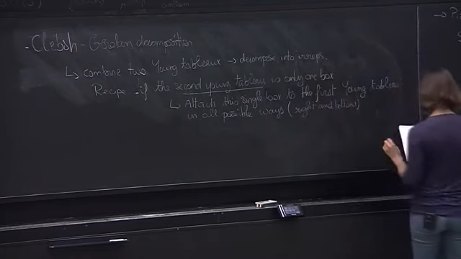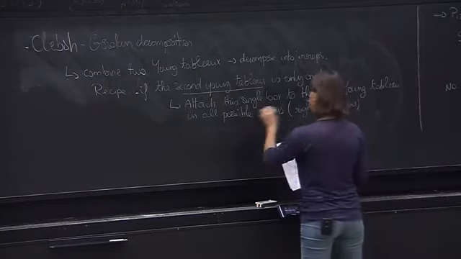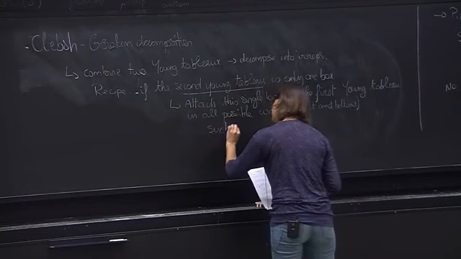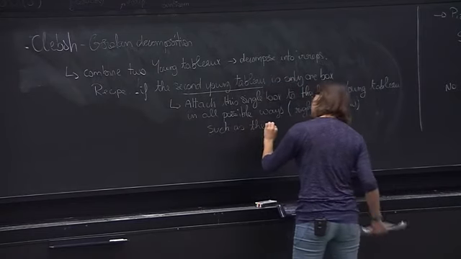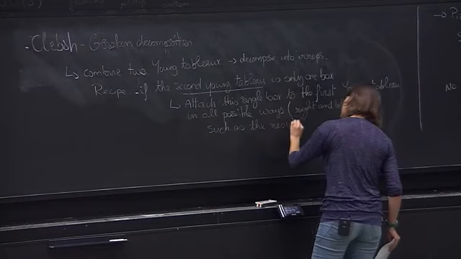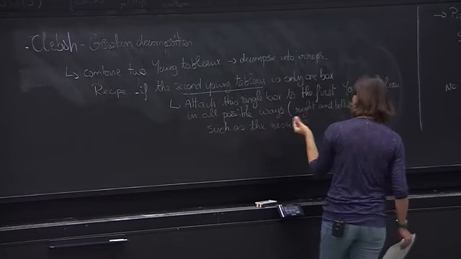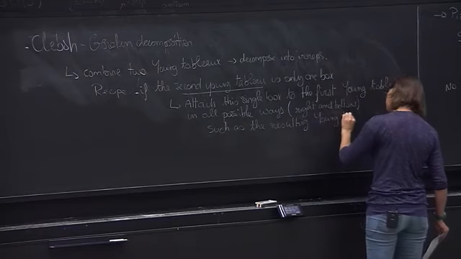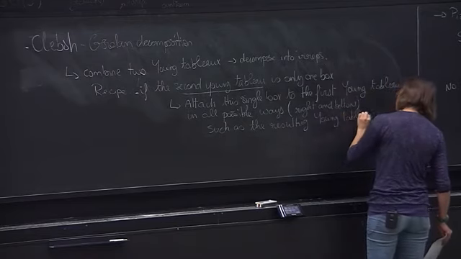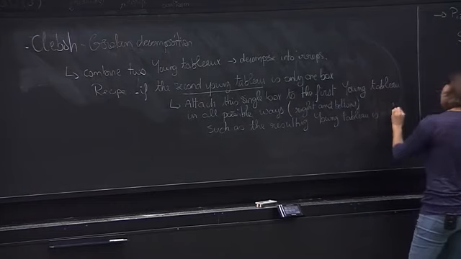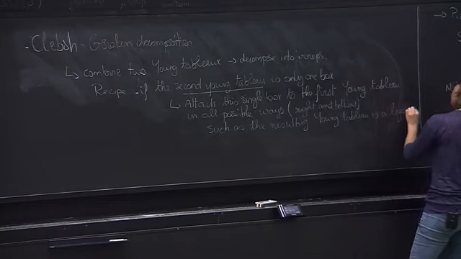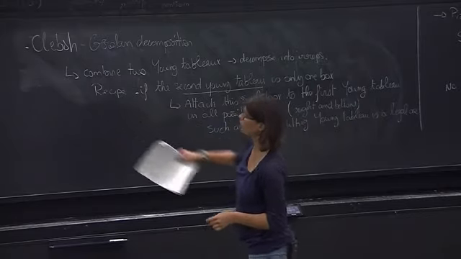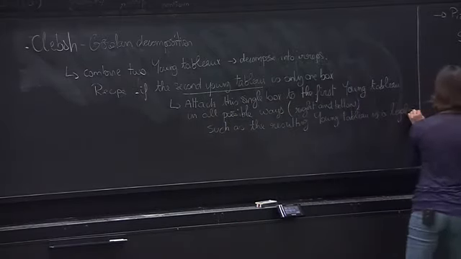And of course you need to do that in all possible ways such that the resulting Young tableau is a legal one, meaning it has to satisfy the three properties that I listed there.